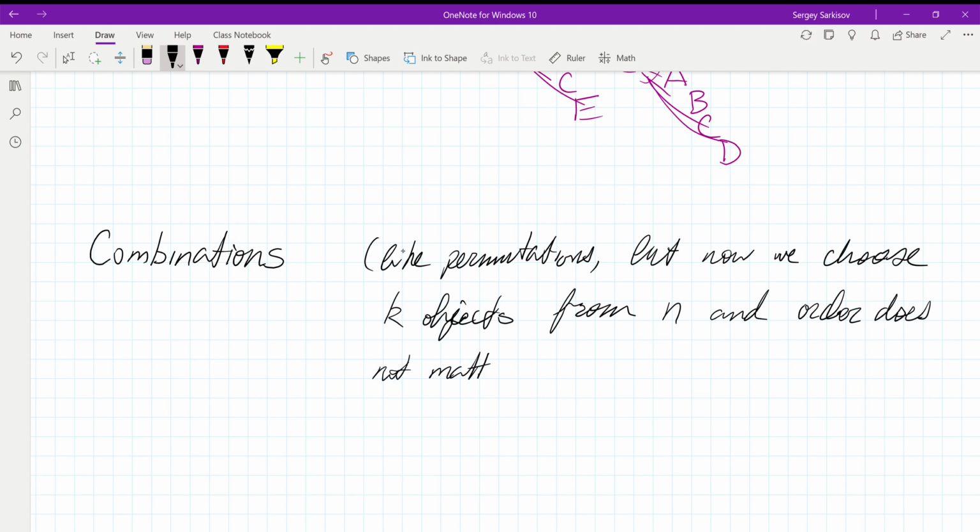And notice that if you're choosing, like, 3 students from a group, they're going to be already different. So there's no repetition.